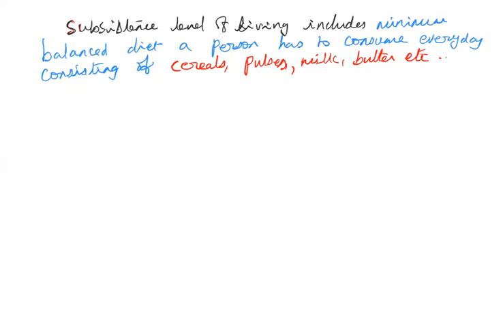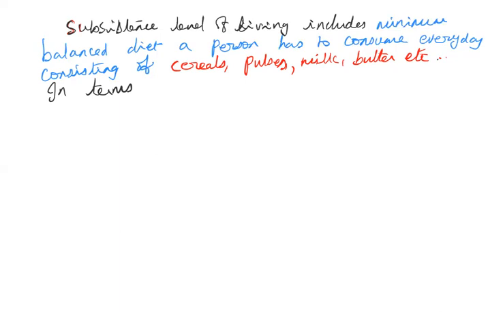Okay, so in India, instead of mentioning cereals, pulses, milk, butter, etc., in the beginning, as early as the 1970s, the Indian Planning Commission was mentioning in terms of calories. That means how many calories a person should consume per day. So that one is still prevailing, but we are not concentrating only on calories now.